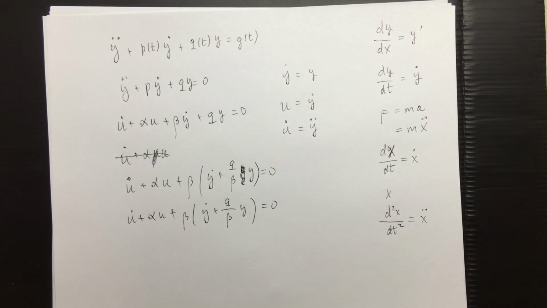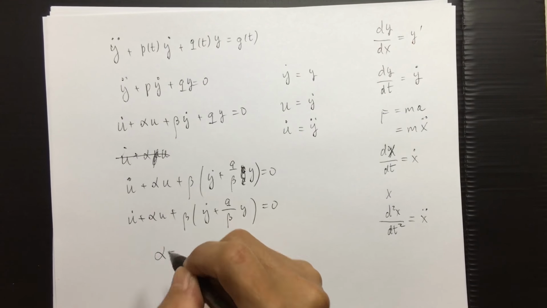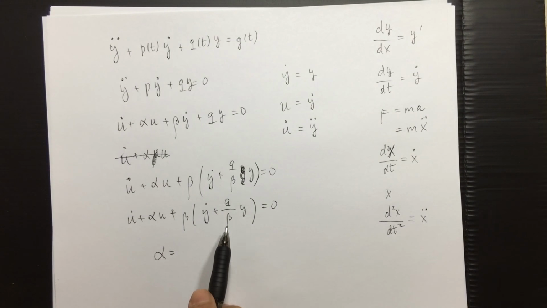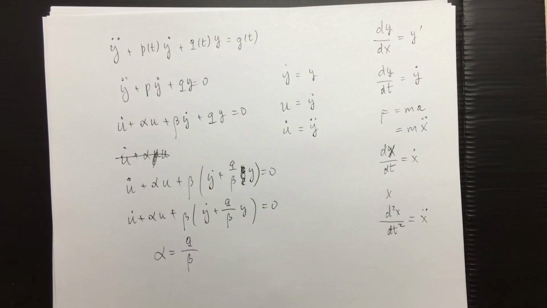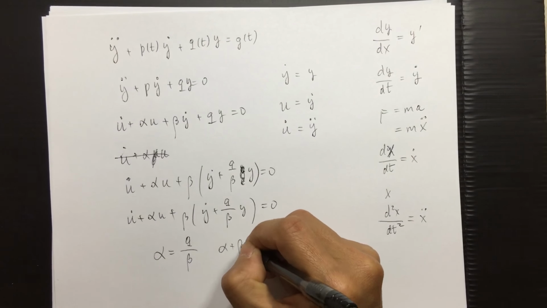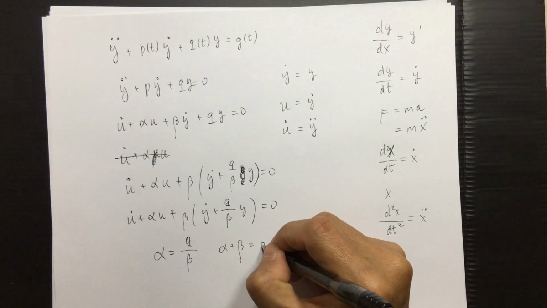Yeah. It could be anything. So we take a look. Alpha equals to, I don't want to get too far away from this, alpha equals q divided by beta, right? Yeah. And also alpha plus beta equals P.